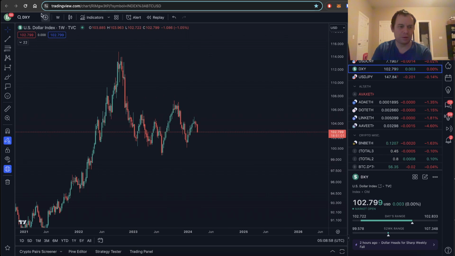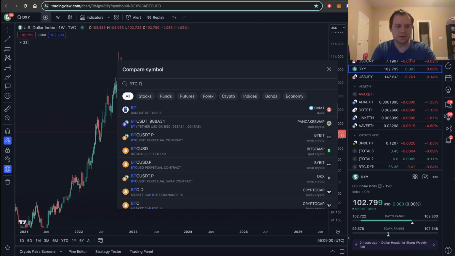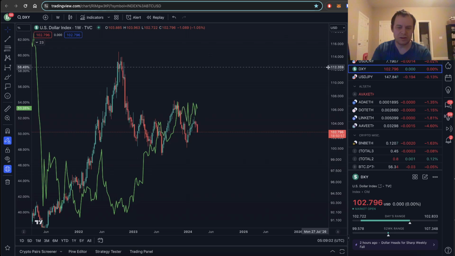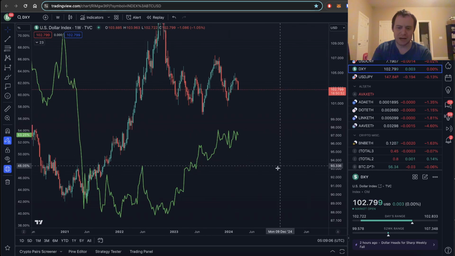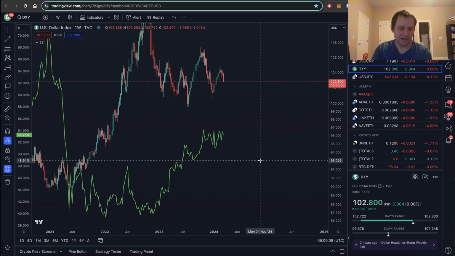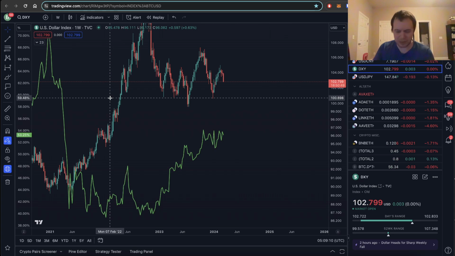If you're not familiar with what I'm talking about, if we were to pull up Bitcoin dominance here on the screen, it's the green line down there. Now, just because it played out like this on one metric doesn't mean that it has to play out like that on another metric.